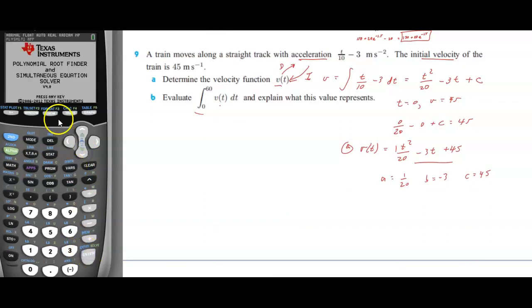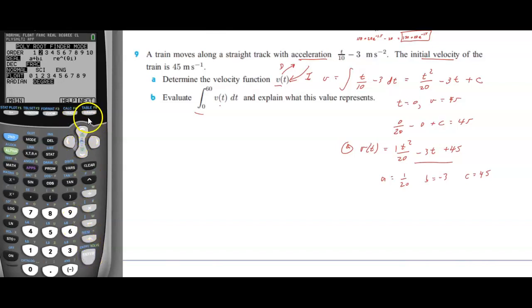I am going to do polyroot finder, and I'm going to put in my 3 values, which is 1 divided by 20, -3, and finally 45 for C, and then we'll see what the solutions are. 30. So the velocity is 0 at t equals 30.